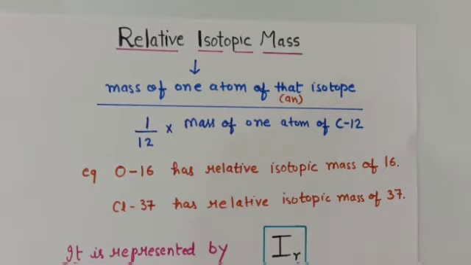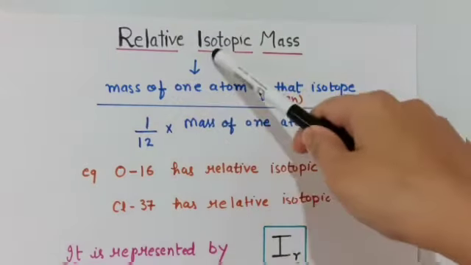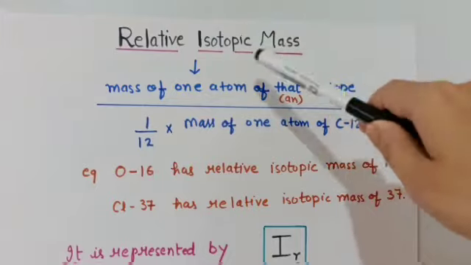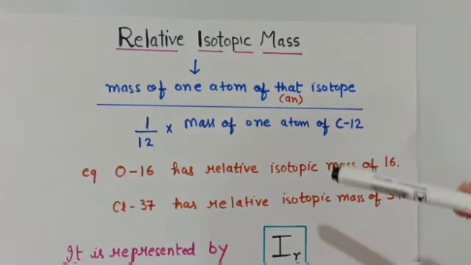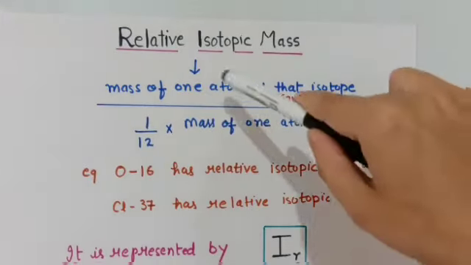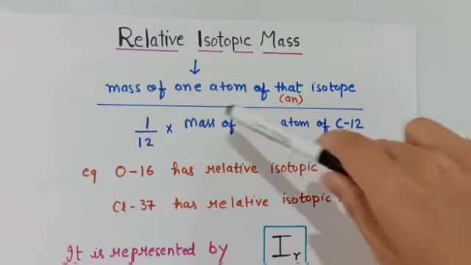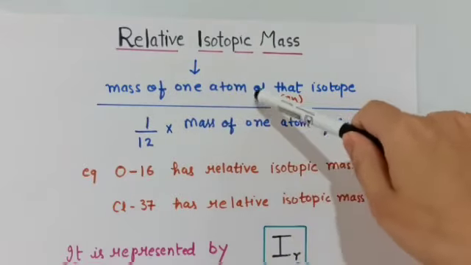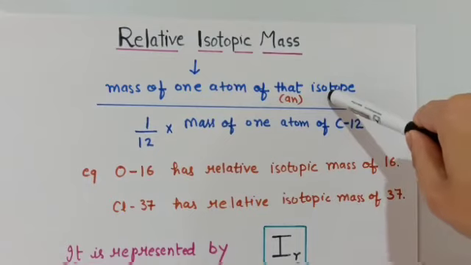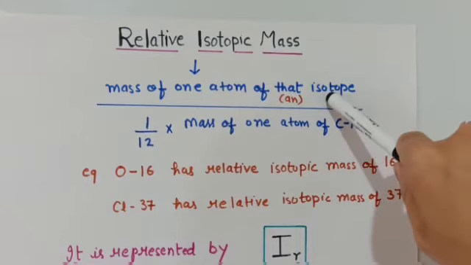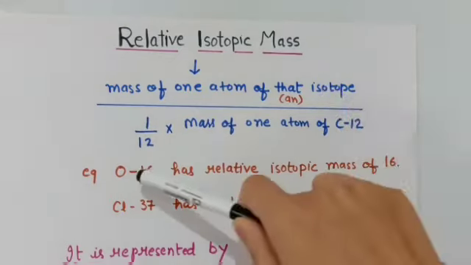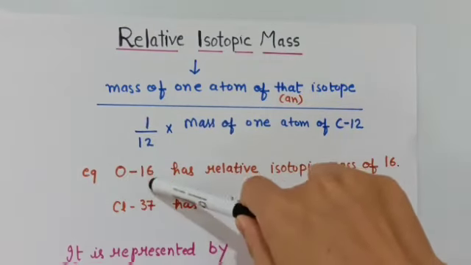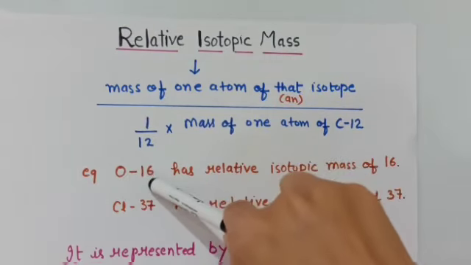Now let's come to another topic, that is relative isotopic mass. It's all nearly the same, only the difference is that in relative isotopic mass, we take the mass of one atom of an isotope. There are many isotopes, as I told you. For example, oxygen 16 is one of the isotopes.